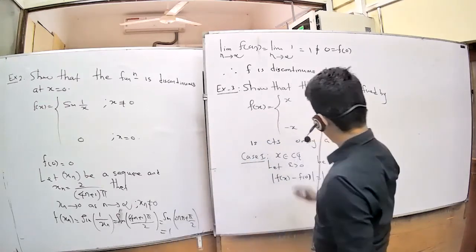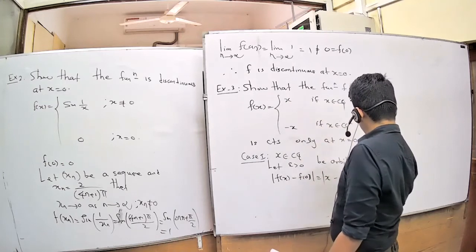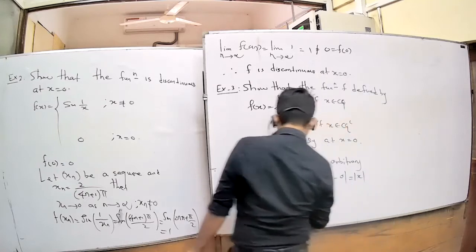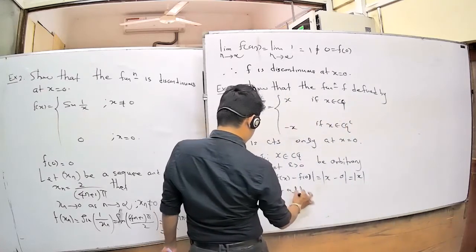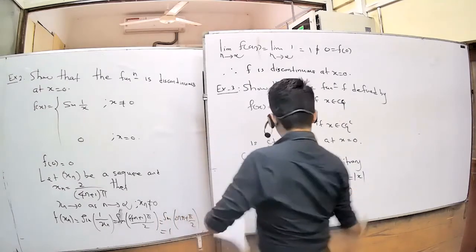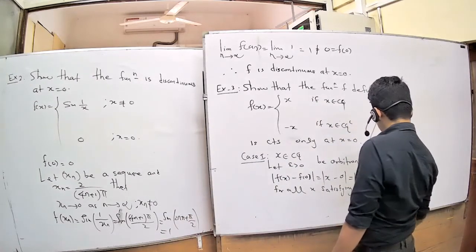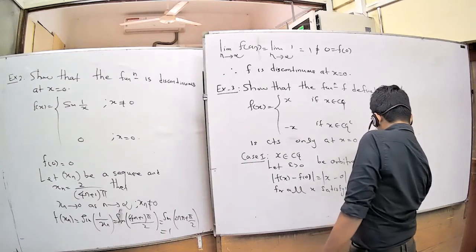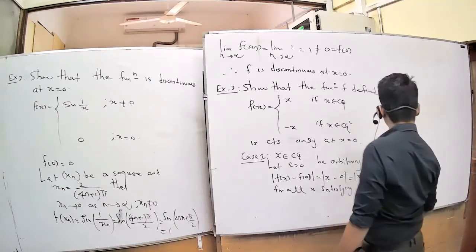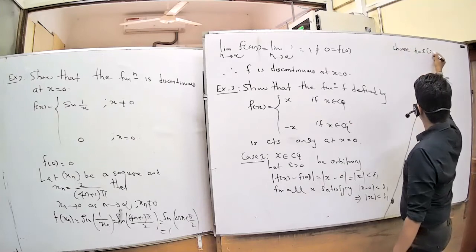F of x equals x, f of 0 is 0, so you have modulus of x. For all x satisfying the continuity condition, modulus of x minus 0 less than delta 1, modulus of x is less than delta 1. Choose delta 1 equal epsilon, epsilon is positive.